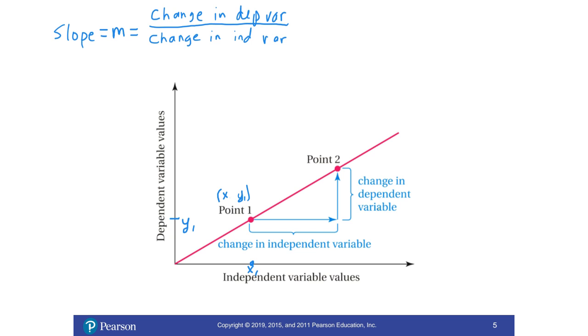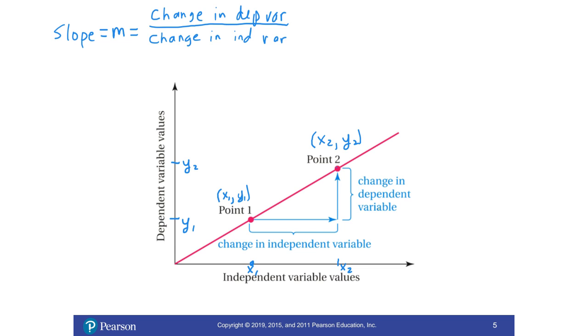This should be x1 comma y1. And then point 2, suppose point 2 has coordinates x2 comma y2. So down here on the x-axis, this would be x2. And over on the y-axis, this would be y2.